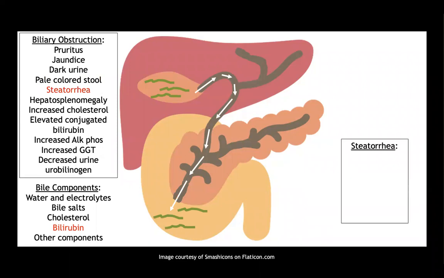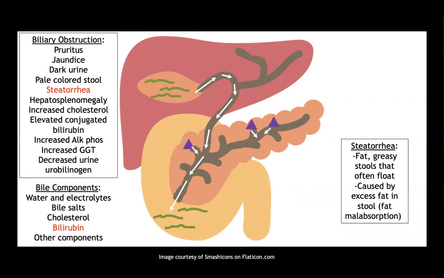Steatorrhea is important to recognize as well. We talked about this in the pancreas lecture. It's kind of the same idea, actually. Steatorrhea is basically fatty stools. So you'll get this almost osmotic diarrhea because you have so much fat in your stool, and your stools will float. Remember from our pancreas lecture that our pancreatic acinar cells produce pancreatic enzymes.